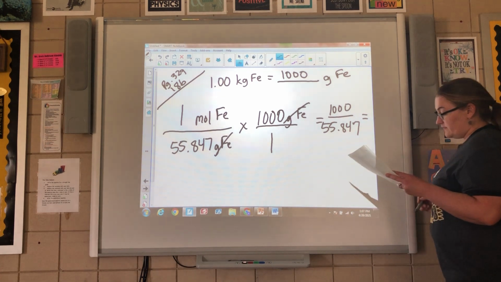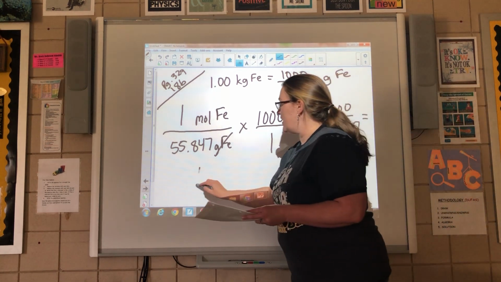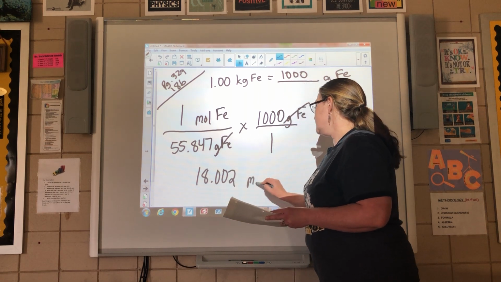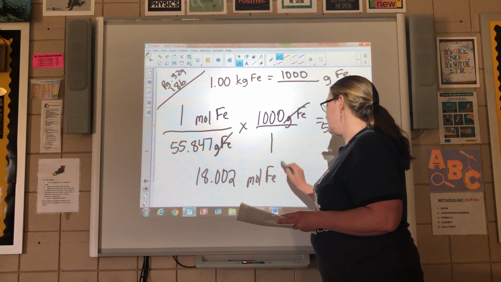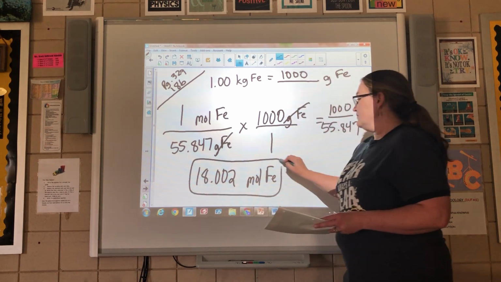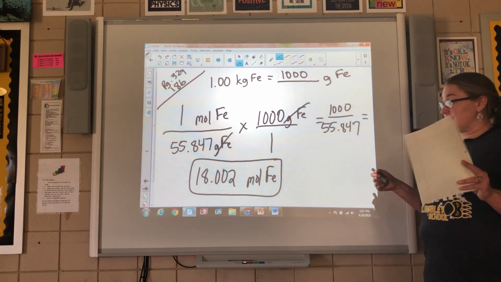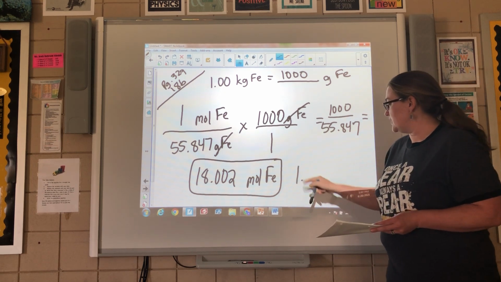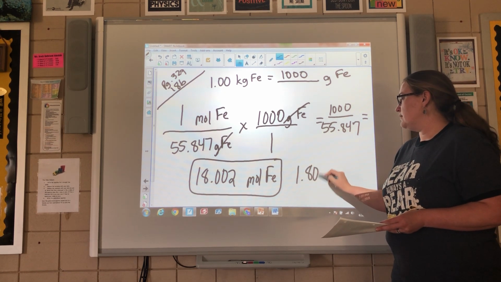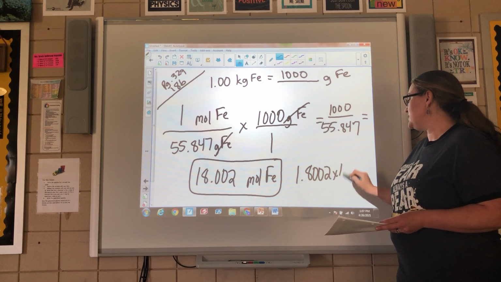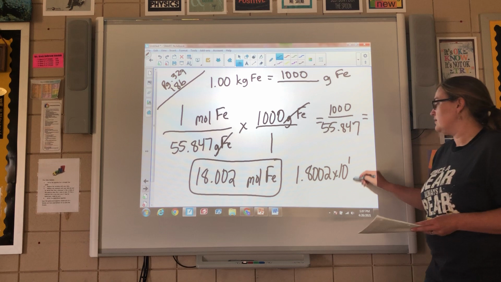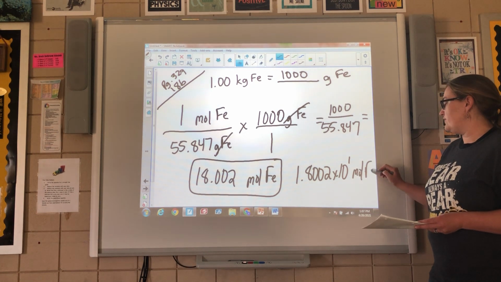So now I just divide that out, and I've got 18.002 moles of Fe. Now, if I wanted to turn that into scientific notation, I would just rewrite it with the decimal here, times 10 to the first, because it only takes one move to get that decimal where it needed to be, moles of Fe.